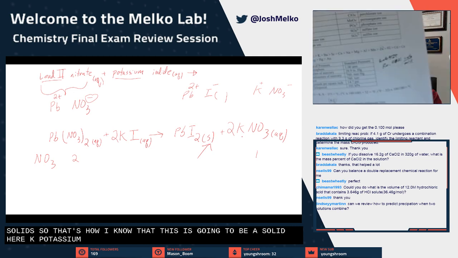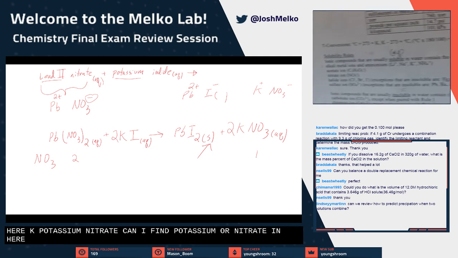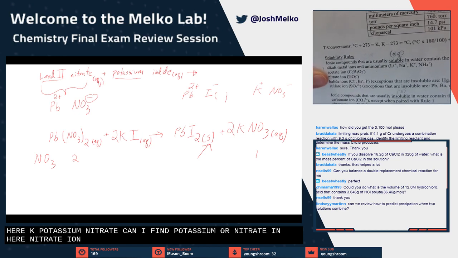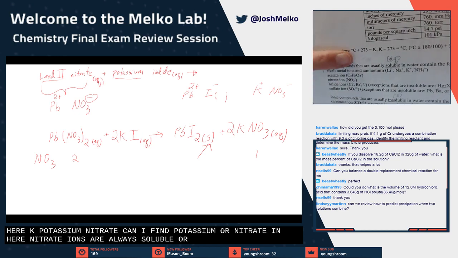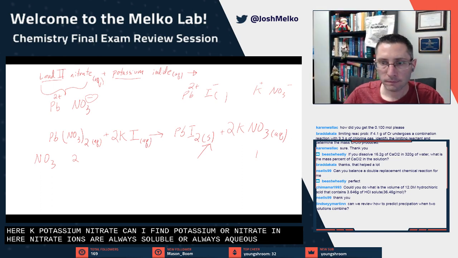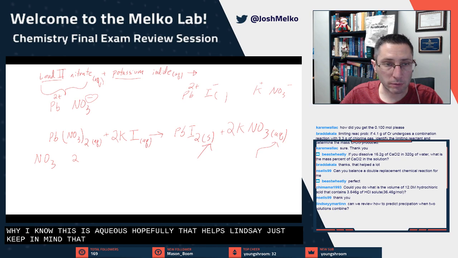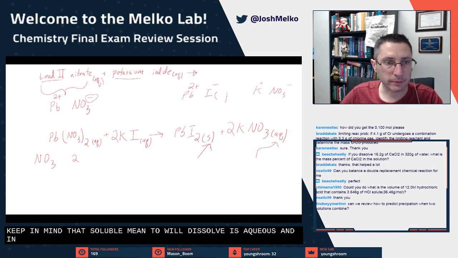So that's how I know that this is going to be a solid here. Okay, potassium nitrate. Can I find potassium or nitrate in here? Nitrate ions are always soluble, or always aqueous. That's why I know this is aqueous. Hopefully that helps, Lindsay. Just keep in mind that soluble means it will dissolve, is aqueous, and insoluble is going to be a solid or a precipitate.